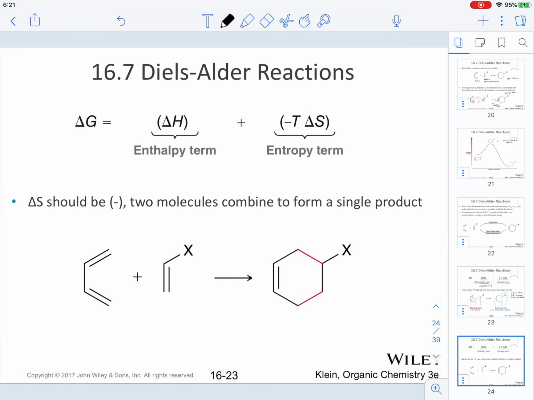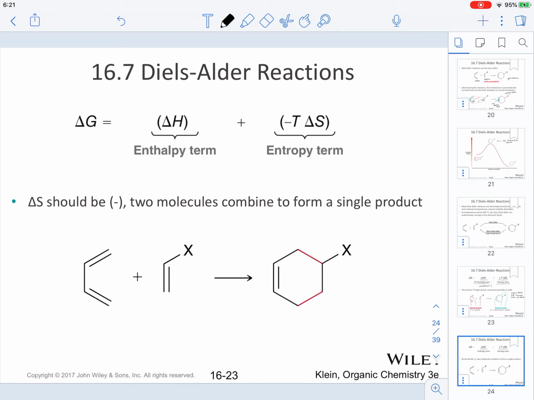Now, when it comes to the entropy term, understand that the entropy term, which is the delta S, should be negative, okay, for 2 molecules when they combine to form a single product, okay? Now, in this case, when we are actually taking into account that entropy term, there are actually 2 main things that we are going to be looking at.